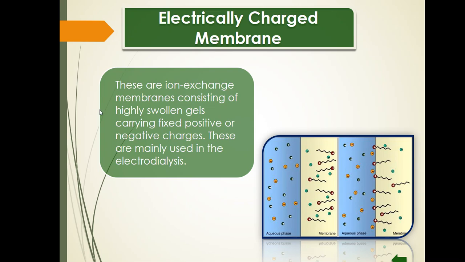These are mainly used in electrodialysis. So your key to remembering this type of membrane is the presence of the word ions. So swollen gels with positive or negative charges, which are called ions.